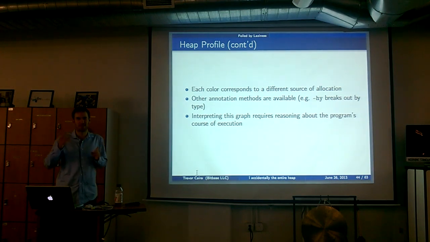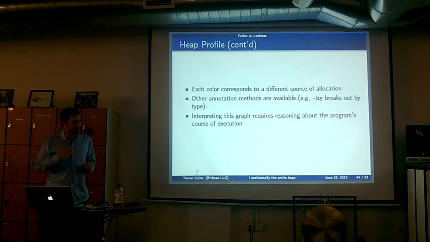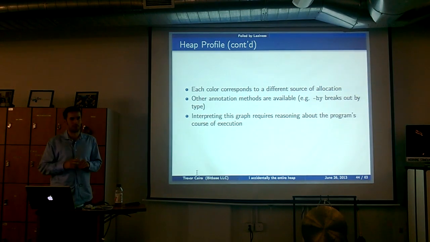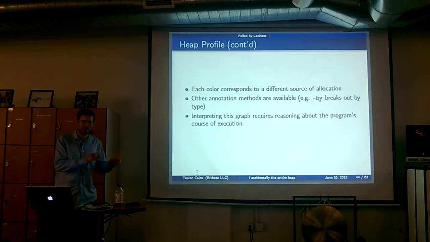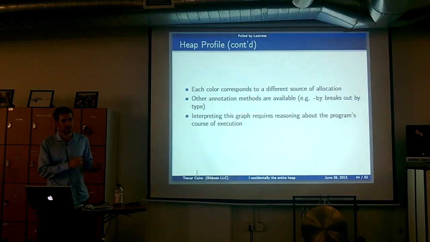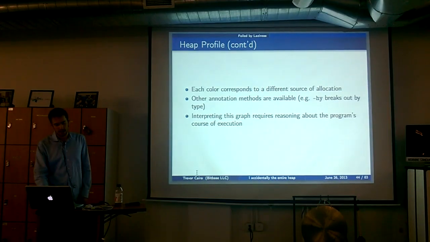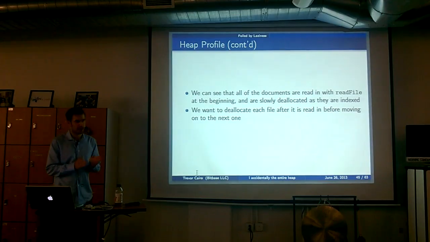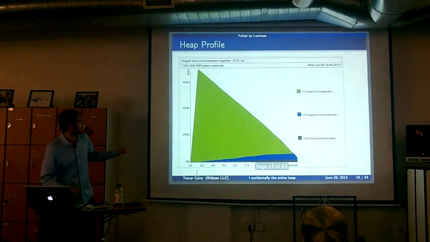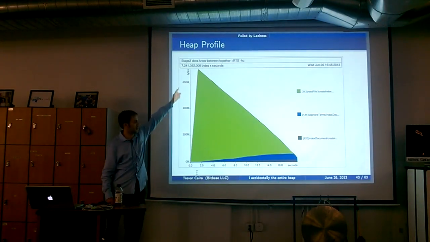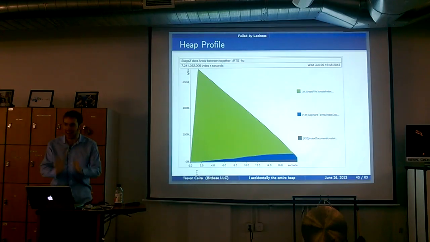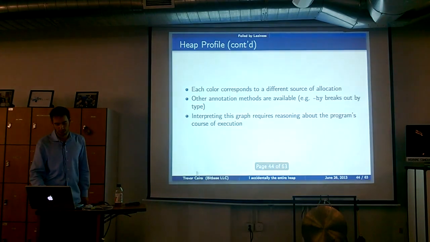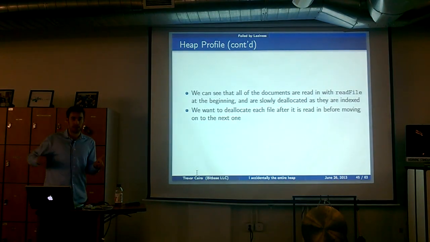And you do kind of have to do a little bit of mental bonding with the runtime system and think about, okay, well, this is what's happening now. And that was the point of the evaluation review at the beginning. As we saw in that graph, we're getting a lot of files read and then slowly deallocated, which is the exact opposite of what we wanted. We were hoping to deallocate each file after it was read in.